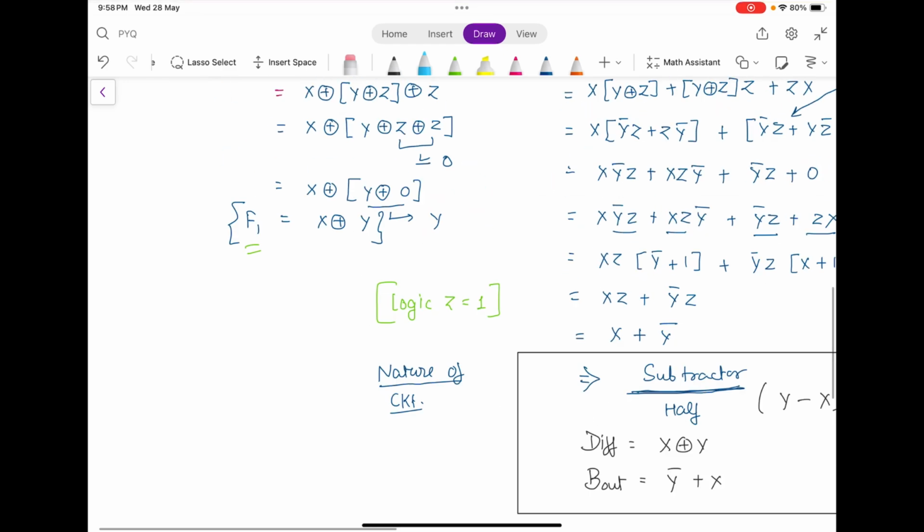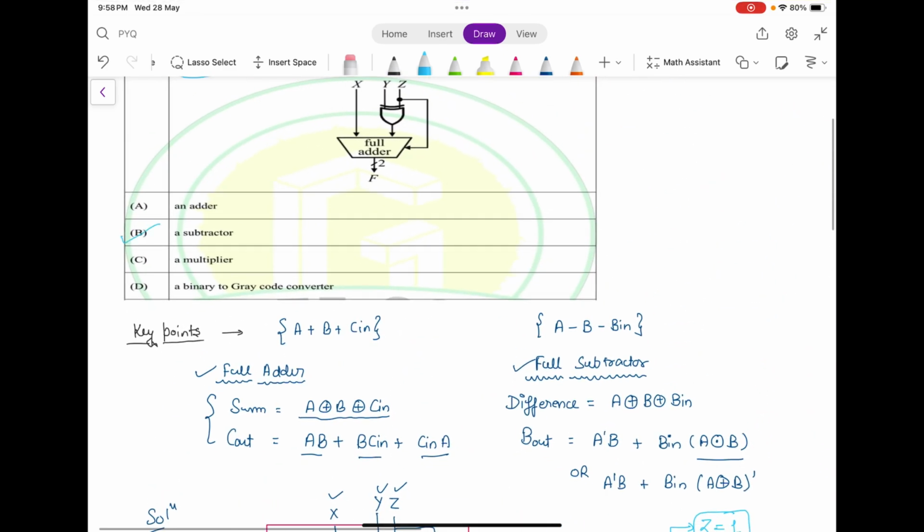So your answer would be option B, subtractor.